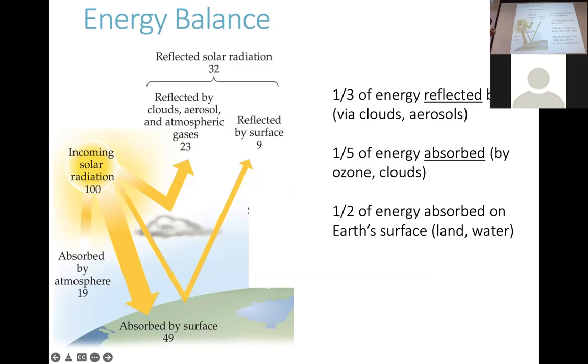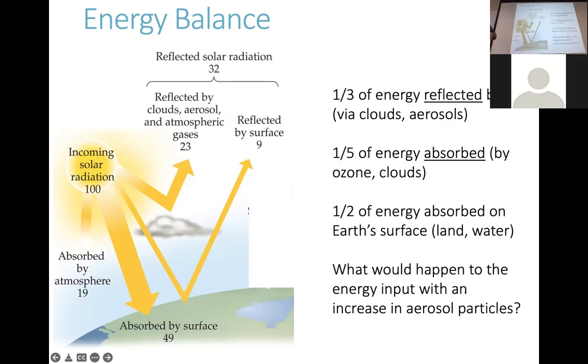So here's something to think about. Not anything I'm going to go into too much detail about, but if we had more aerosol particles in the atmosphere, what would happen to the energy input to the surface? Do we have more or less energy input if there's a lot of aerosol particles up here? Less. Yeah, less energy is going to make it to the surface, right?